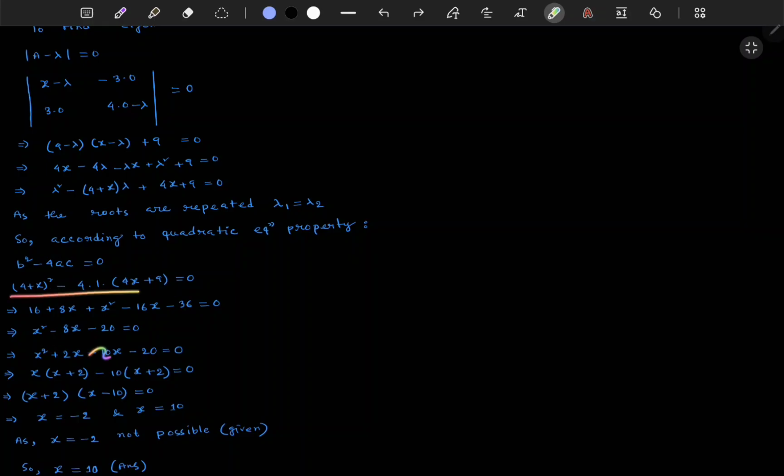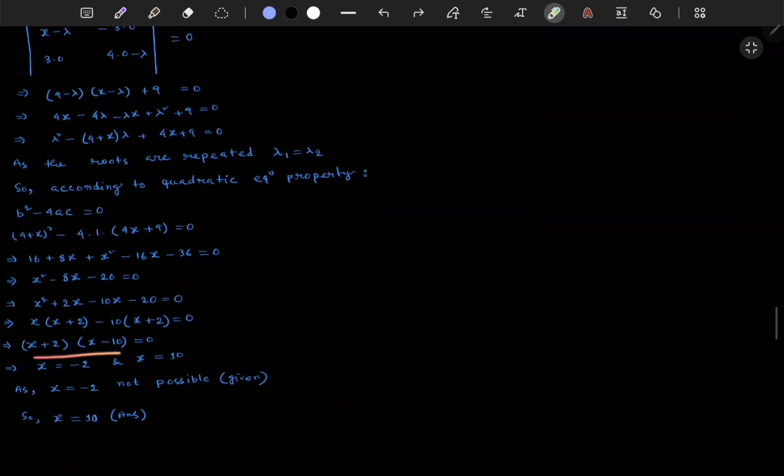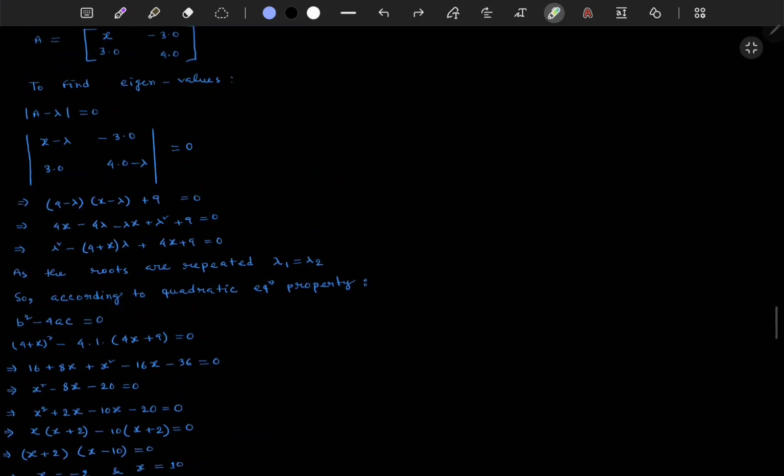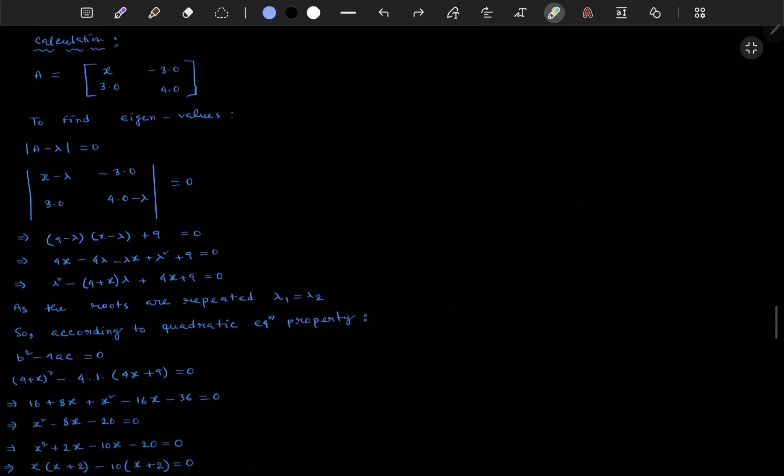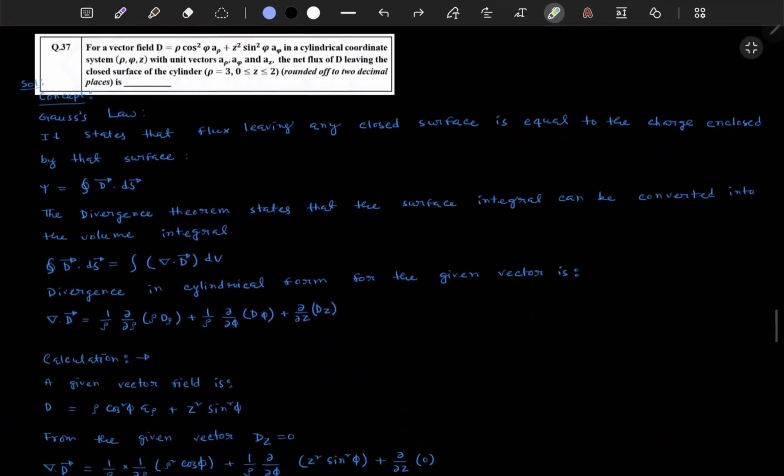Now we calculate and get the x value. x equal to minus 2 is not possible because x is a real positive number, as already mentioned, so it will be 10. Now the next question.